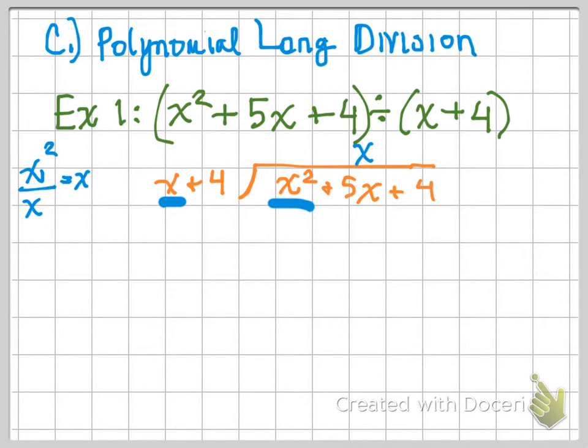Okay, so now the next step in long division tells me to multiply the x by x plus 4. So if I multiply x by x plus 4, I'm basically doing the distributive property. So x times x gives me x squared, and x times 4 gives me 4x.